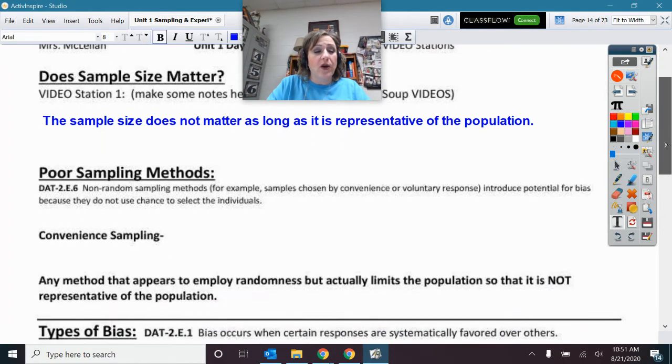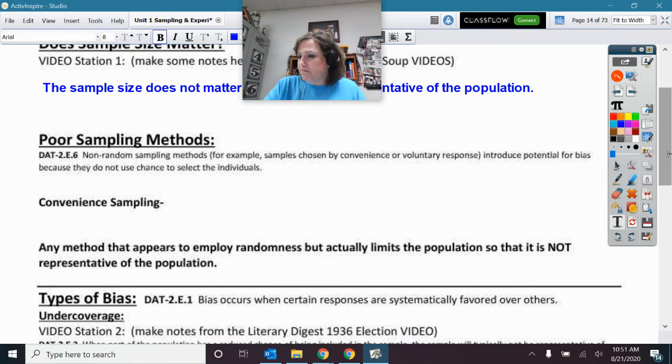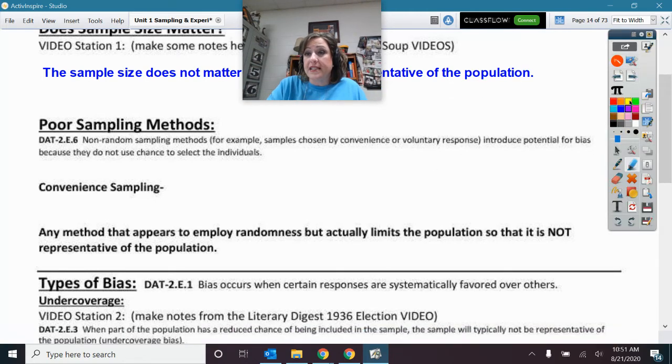All right. Next, we want to talk about some poor sampling methods. Before we get into the next video, let's talk about this. In general, we're going to discuss sampling methods that do not have randomization. You can see right here, the standard wants you to know that non-random sampling methods can potentially give you bias, because they do not use chance.